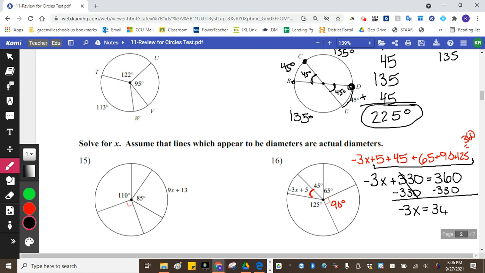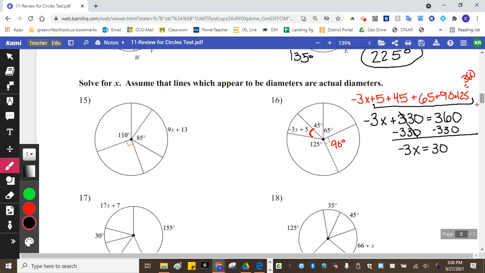And then divide by negative 3. x equals negative 10. If you want to check your answer, you can plug in negative 10 here and make sure they all add up to 360.